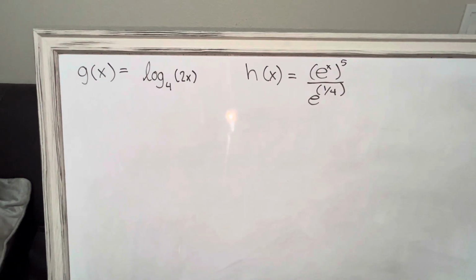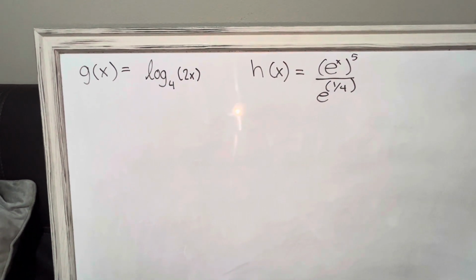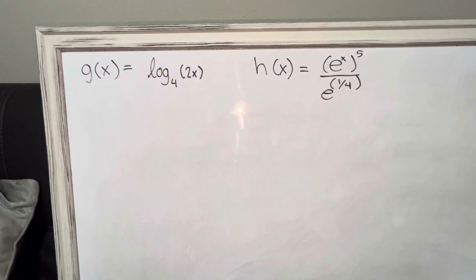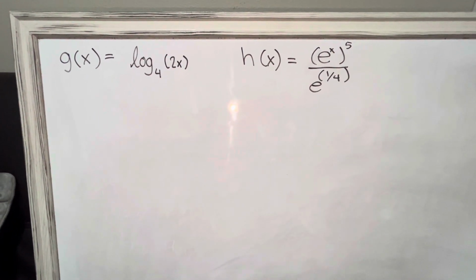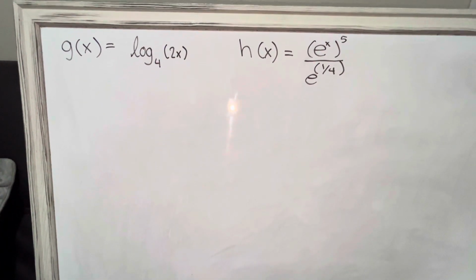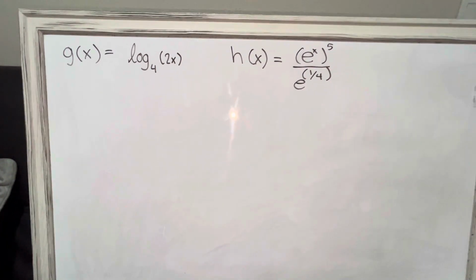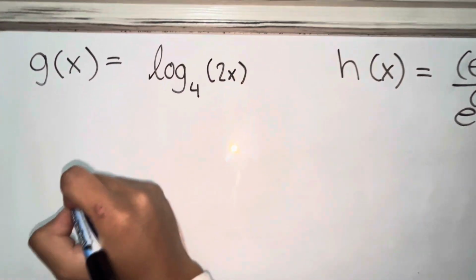The functions g and h are given by g of x equals log base 4 of 2x and h of x equals e to the power of x to the power 5 over e to the power 1/4. So how do we solve g of x equals 3 for values of x in the domain of g? So we would equate g of x to 3.